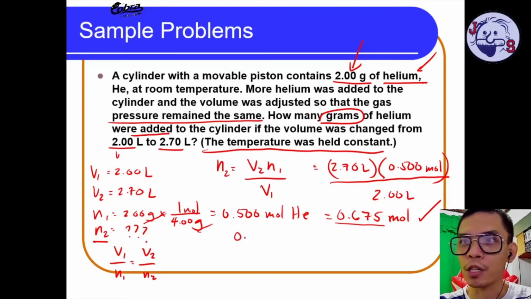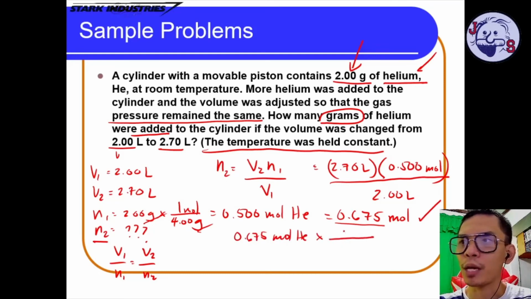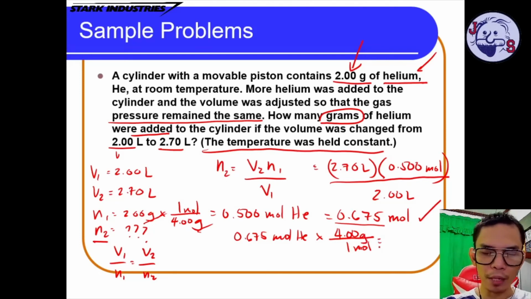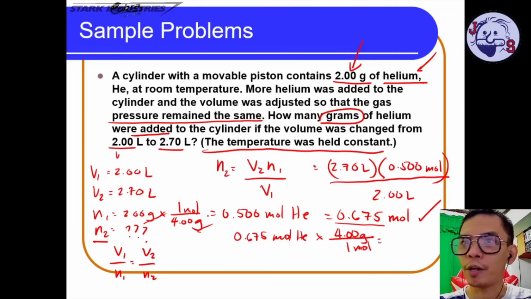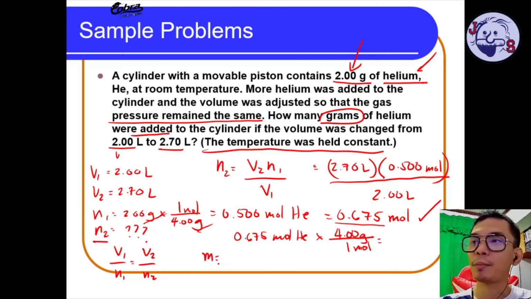So 0.675 moles of helium times 1 mole over here, and we have 4.00 grams. So the answer will be the possible mass that you have over here, 0.675 times 4.